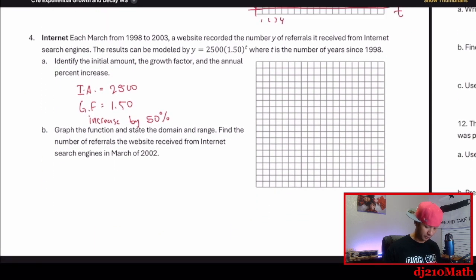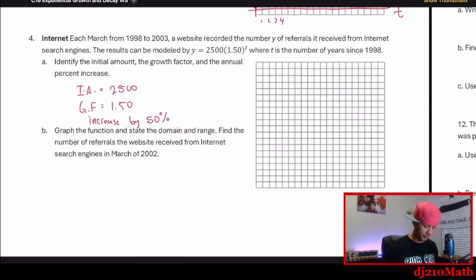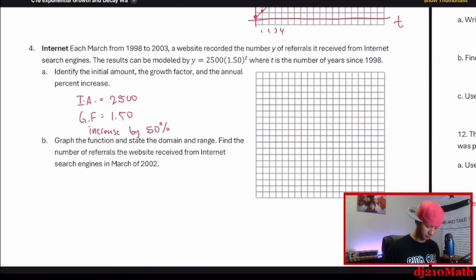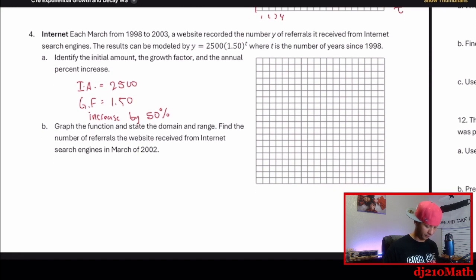Okay, graph the function, state the domain and range. Find the number of referrals the website received from March 2002. Okay, so let's just figure this out first. So t is going to be 4, right? Number of years since 98.